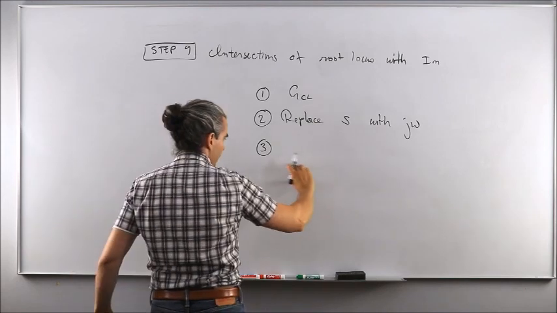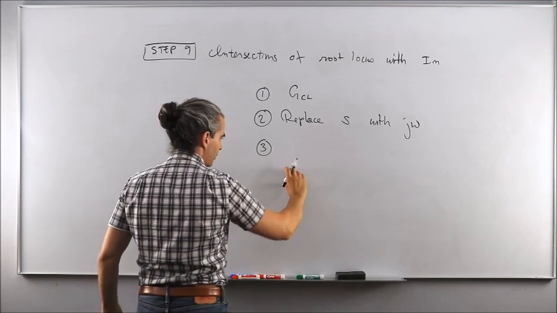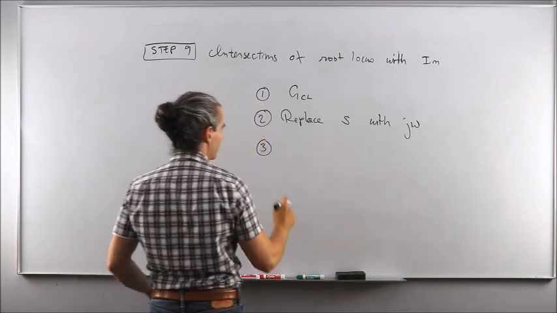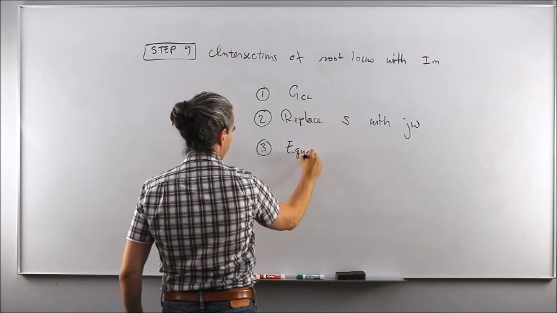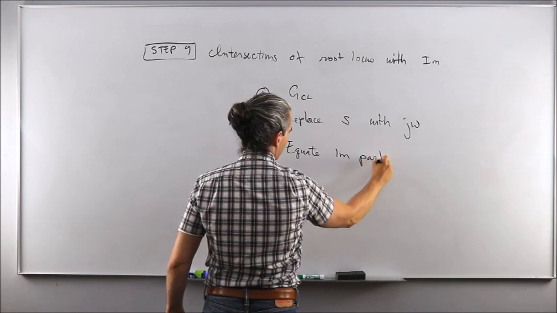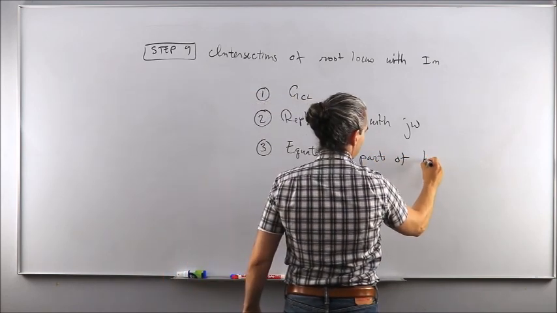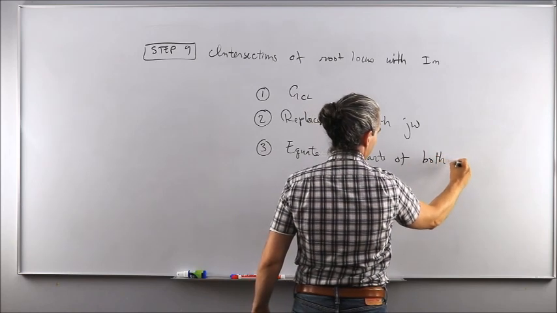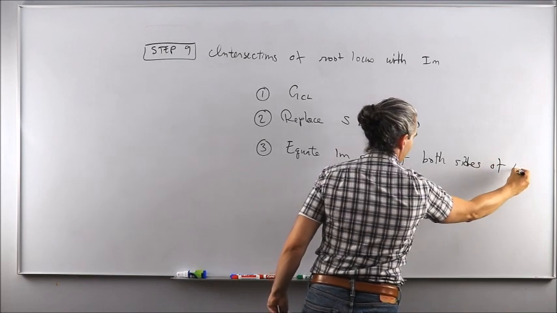Because this is numerator over denominator, you can rewrite that as numerator equal to denominator. And then you're going to equate the imaginary parts of both sides of the equation you're going to get.